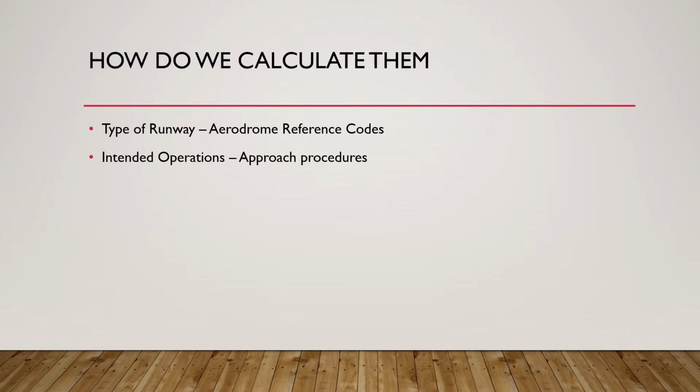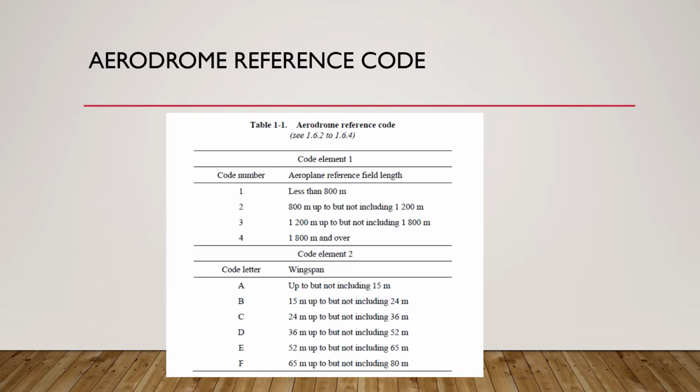So now how do we calculate the aerodrome reference code? The aerodrome reference code is an alphanumeric representation of the capability of the airport, as I told you in the previous slide. It is based on two elements: first, the aeroplane reference field length, and second, the wingspan category.